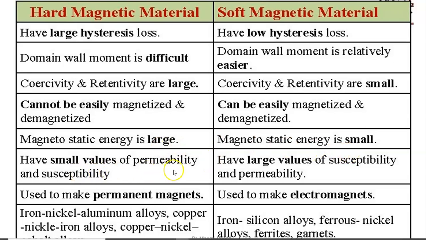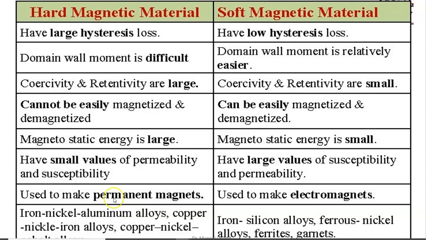Soft materials will have large values of permeability and susceptibility, and are used for electromagnets. Hard materials are used to make permanent magnets. Electromagnets means you apply an electric field and then magnetic flux density is produced. With permanent magnets, no electric field is required to have the magnetic field.